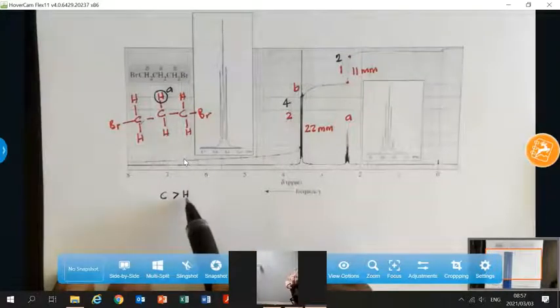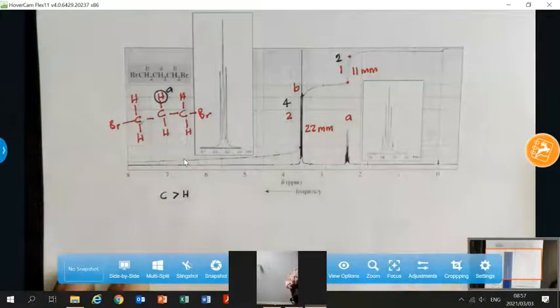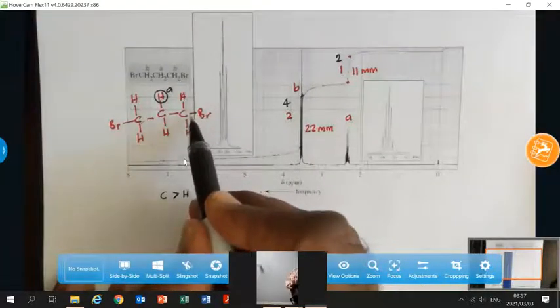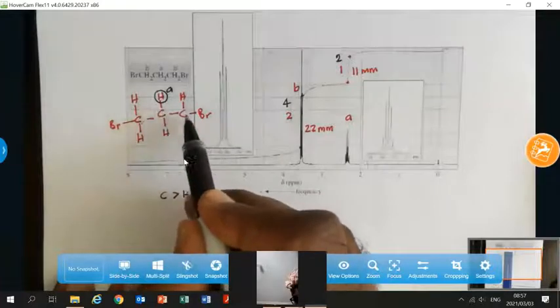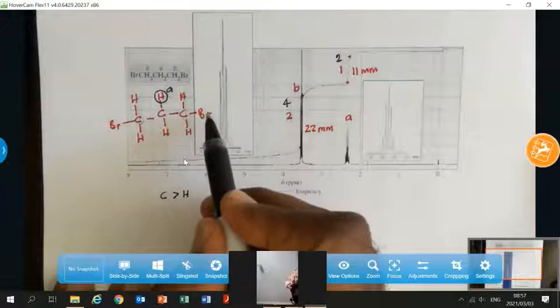And, you know, if you're looking at carbon, hydrogen, we did this on Monday, 2 carbons and a hydrogen, we're looking at roughly around 1.8 or 1.7 or so. But now the third bond, so you've got 1, 2, 3 bonds away, I have a bromine, an electronegative atom, right?